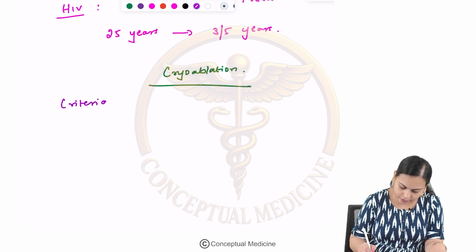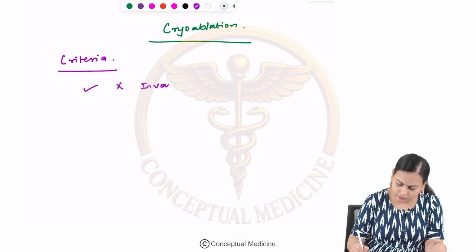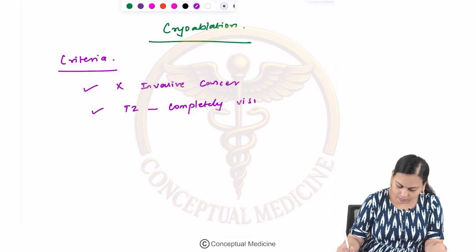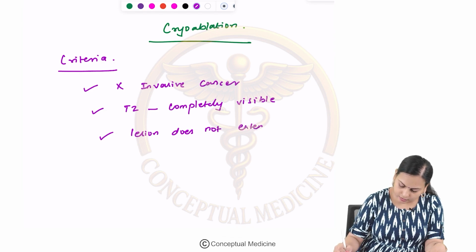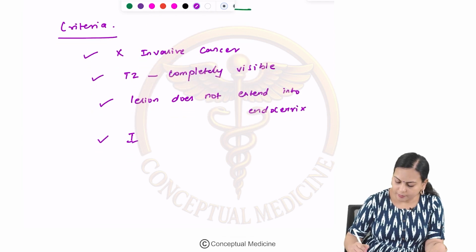The criteria for cryoablation are: you don't suspect any invasive cancer, the transformation zone is completely visible, the lesion does not extend into the endocervix, and finally the lesion is in a type 1 transformation zone.